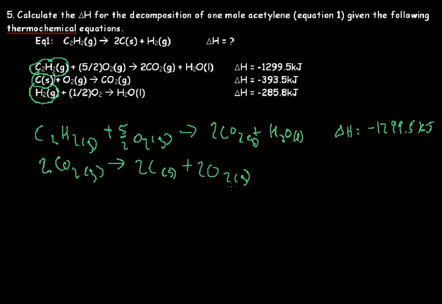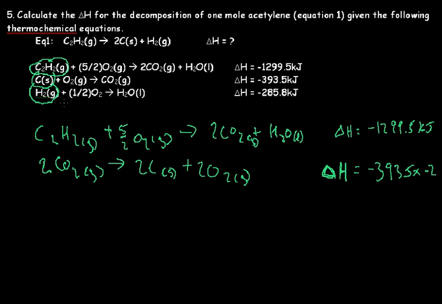Again, I'm doubling it, so I forgot to put the 2 out in front of the oxygen. And since I flipped the direction and doubled it, I'm going to have to take my delta H as 393.5 times negative 2. I doubled it, and then that negative takes care of switching the direction of the reaction.